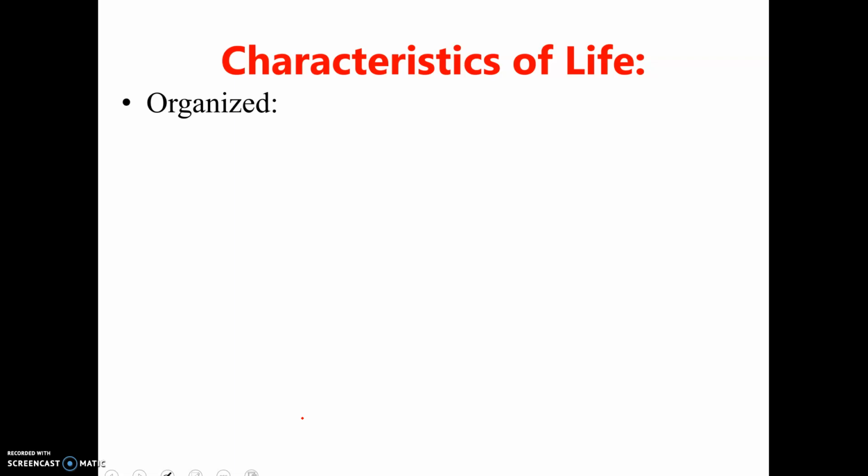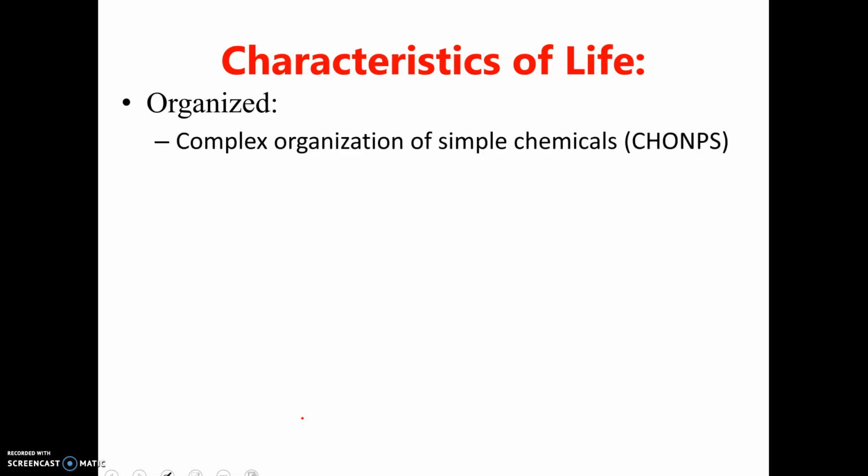The first characteristic is that living things are organized, meaning they are made of simple chemicals. We're made of very simple things. Carbon, one way to remember it is CHOMPS: carbon, hydrogen, oxygen, nitrogen, phosphorus, and sulfur. These are the most common ones. A lot of times you'll just hear the first four, CHON. You've probably heard that we're like 60 to 70% water.